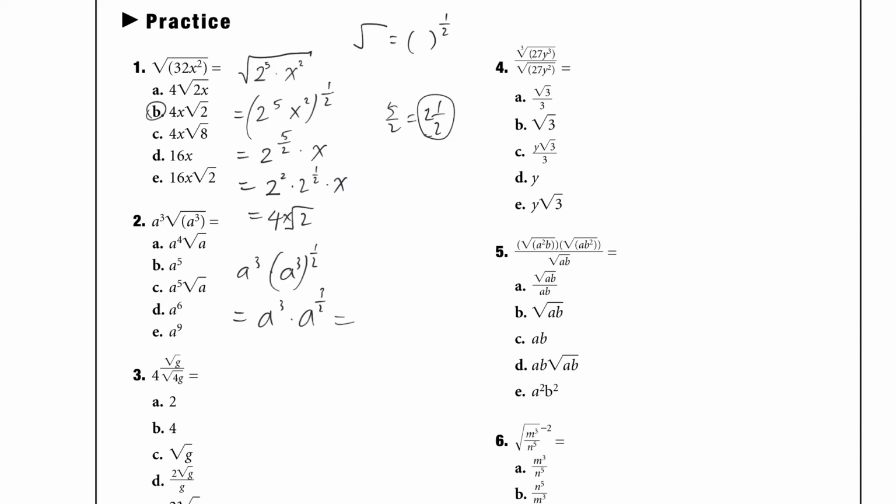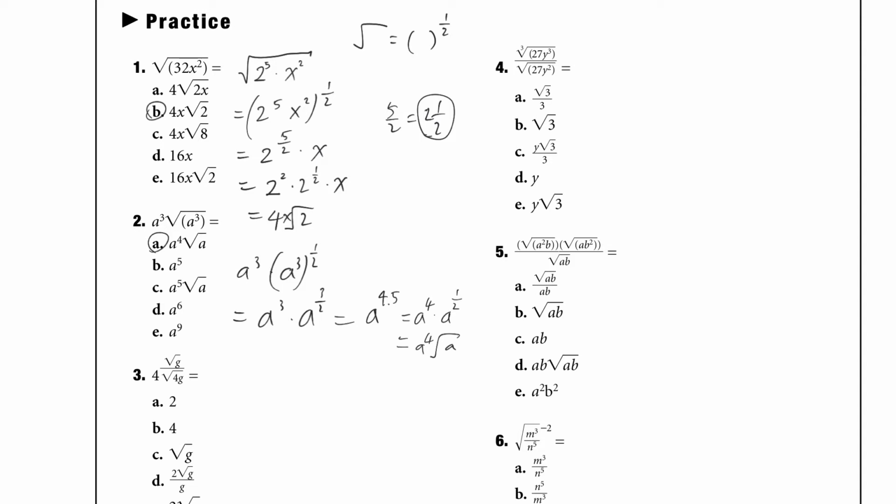And using the exponent rule, I can add the exponents together. So this is like saying a to the power of 4.5, right? Because 3 over 2 is equal to 1.5. And this is the same as a to the power of 4 times a to the power of half, which is a to the power of 4 times square root of a. So the answer is A.